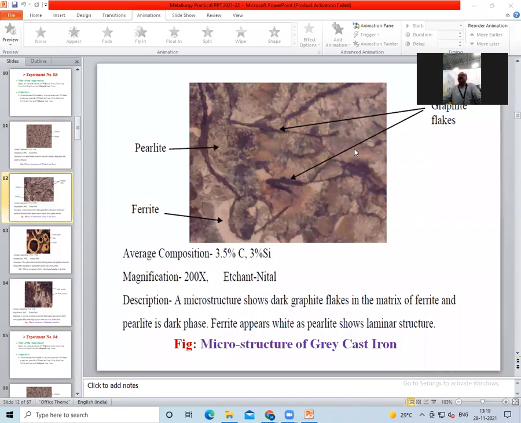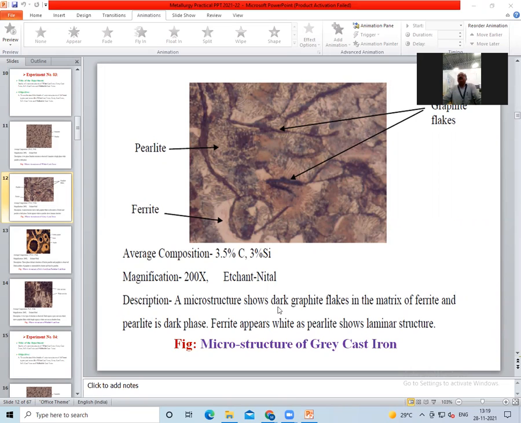Now next, this is the microstructure of gray cast iron. Here also carbon percentage is 3.5, above 2%. Silicon is 3%. To study the microstructure of specimens, you can use this etchant, nital. Nital is the etching agent.